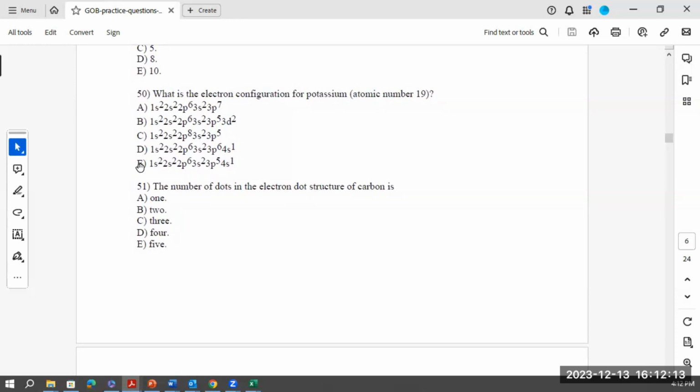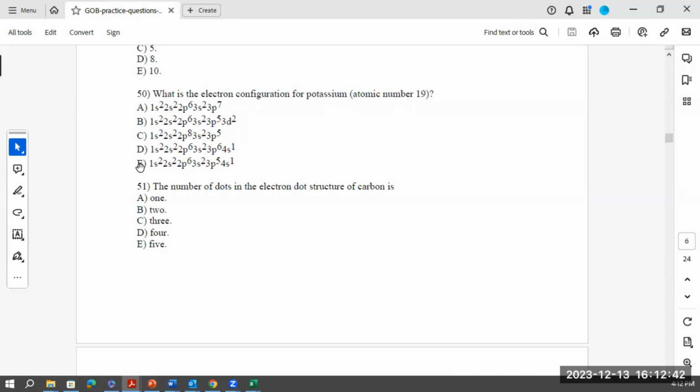So, which is the electron configuration for potassium? Atomic number 19. Now, if they're listing out all of the numbers, let me give you a hint. If it's atomic number 19, how many electrons should we have? 19, right?